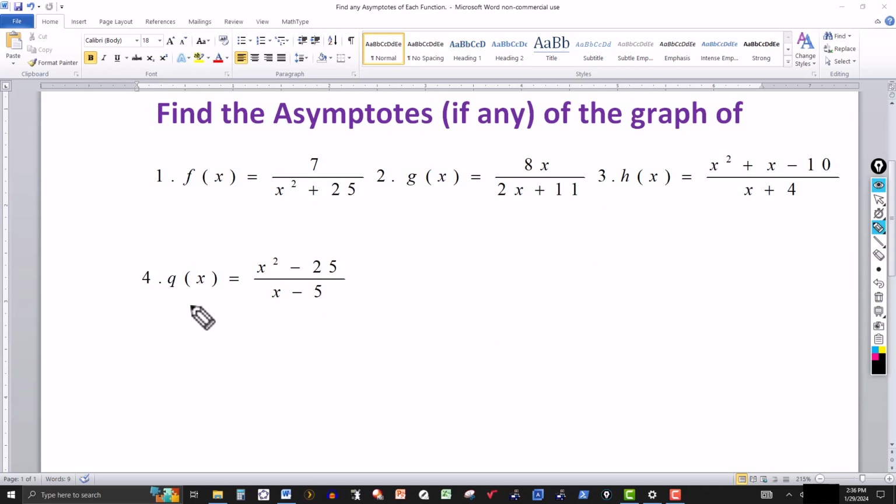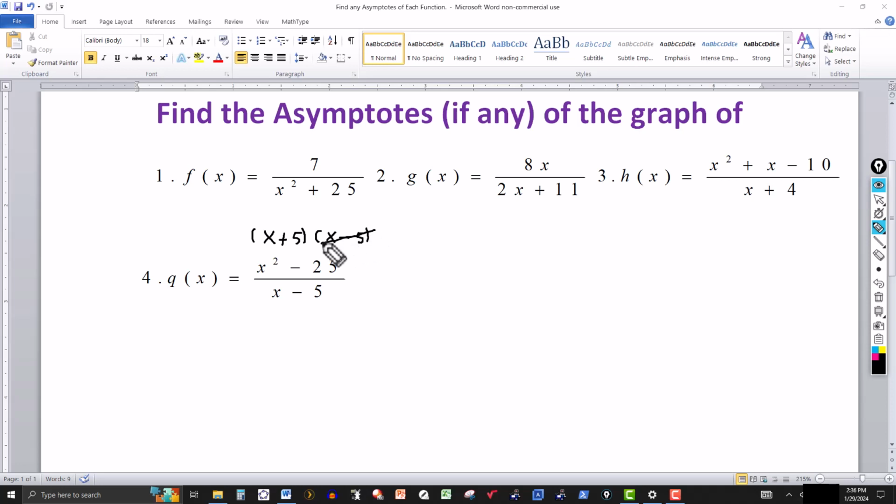So let's look at number 4. Q of x is equal to x squared minus 25 over x minus 5. Notice this one factors. As I mentioned earlier, you want each rational expression in simplified form. So if you can reduce it, you go ahead and reduce it. So x squared minus 25 factors into x plus 5 and x minus 5.